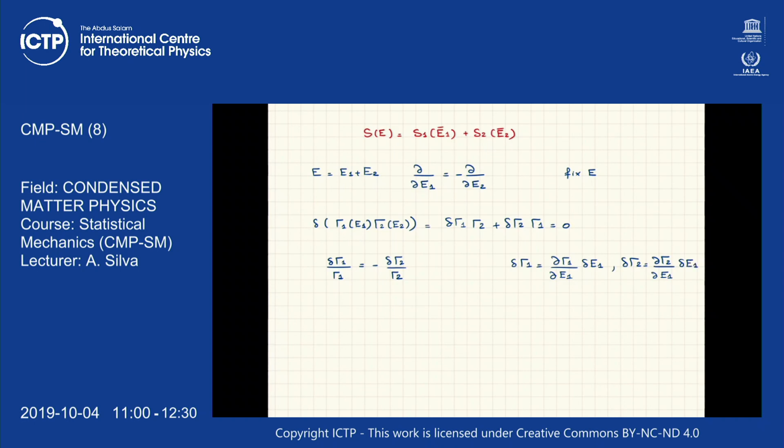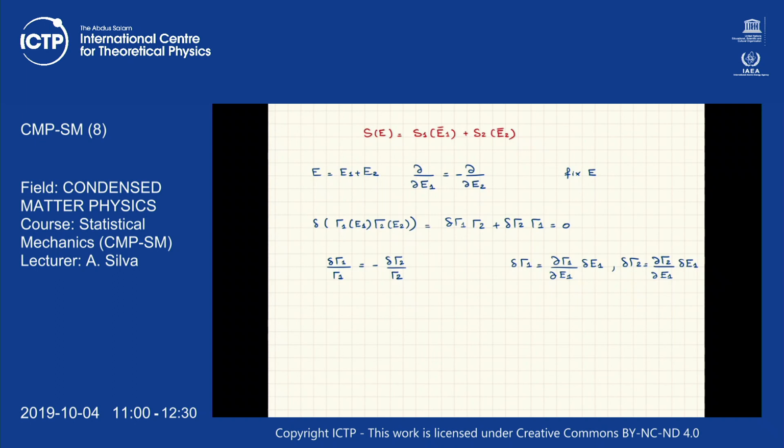Okay? Well, if I take a derivative with respect to E1 or E2, it's irrelevant because total E is fixed. So therefore, E2 is equal to... minus sign on the... Where? D gamma 2? No, it's d gamma 2 by dE1, not by dE2.